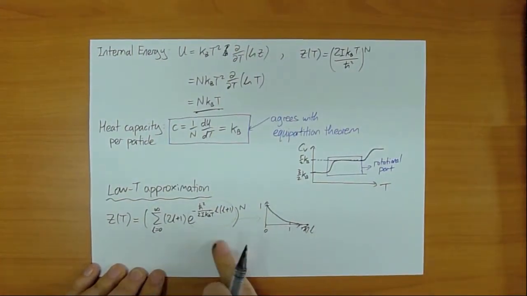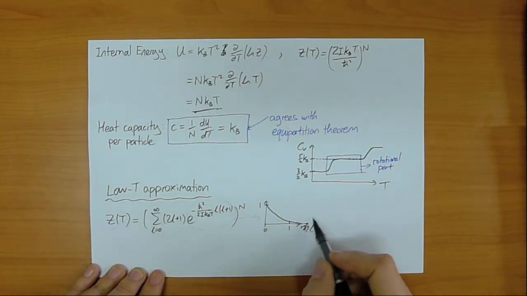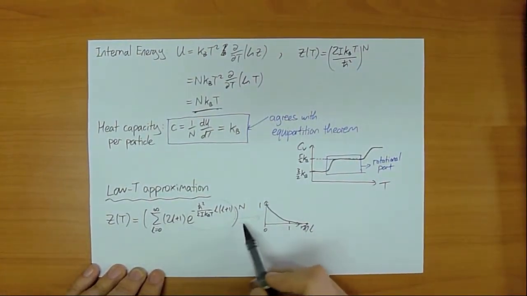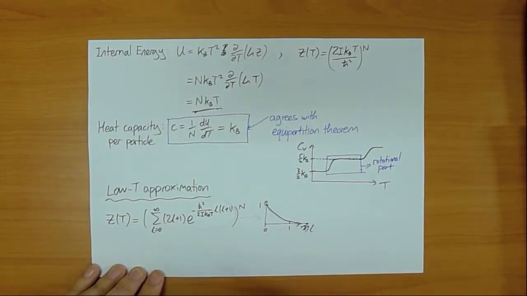So that means in the low temperature limit, we can ignore values of L bigger than some number, because this function is going to be vanishingly small. Okay. So the simplest approximation we can make is only consider L equals 0 and L equals 1. Okay.